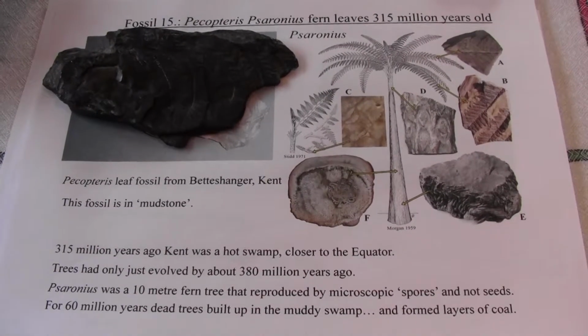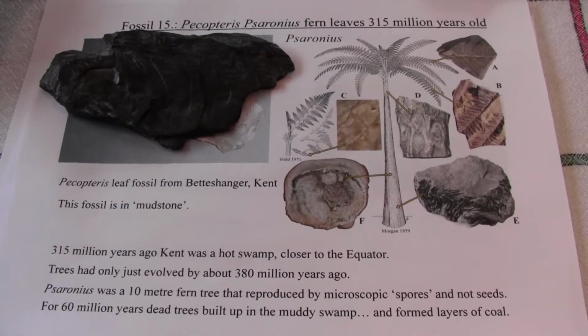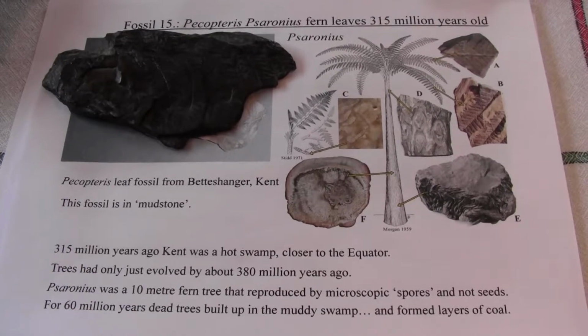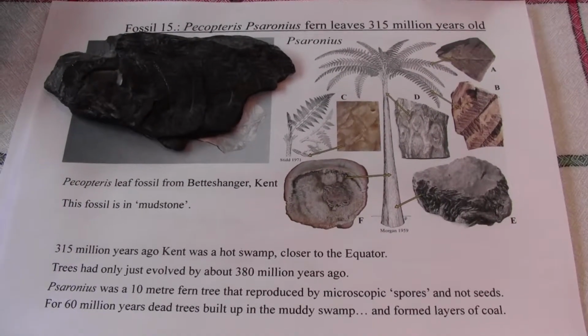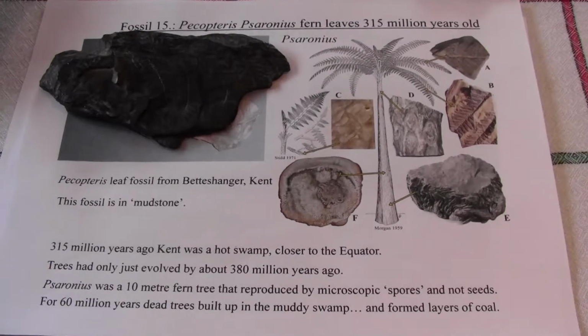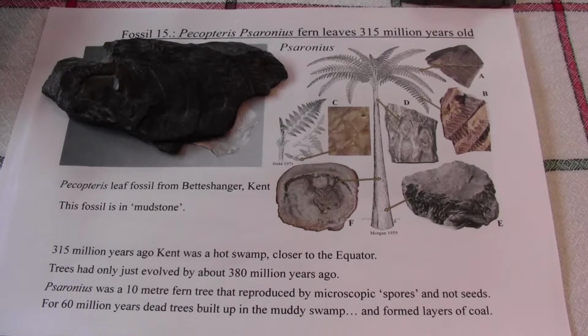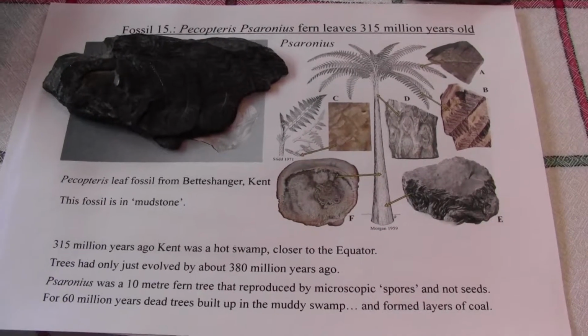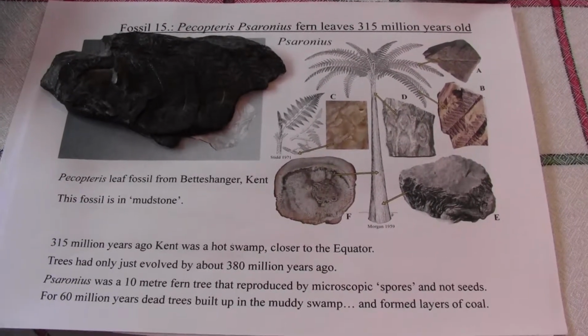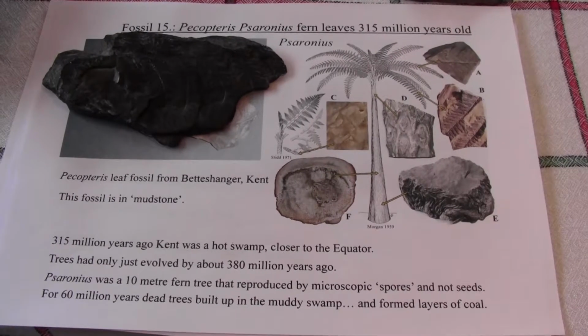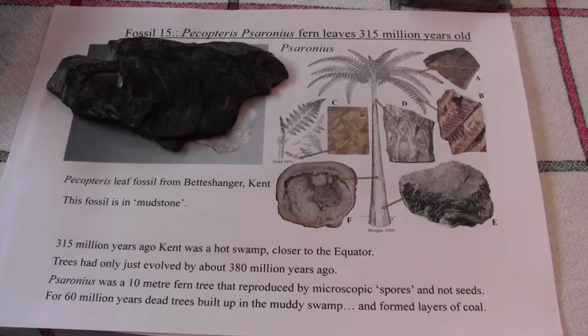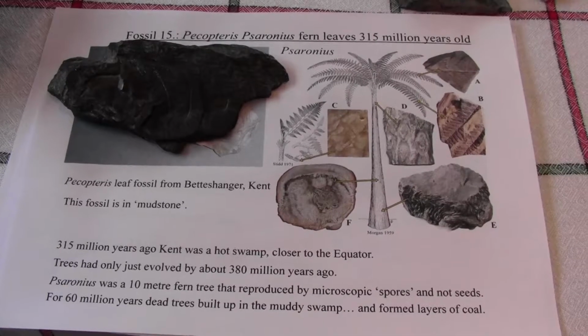The trees had only evolved about 380 million years ago or so. Now, Ceronius was about 10 meters or about 30 feet in height, and it reproduced by spores, not seeds. For about 60 million years, dead trees fell into the muddy swamps here in Kent, in England, and formed layers of coal.